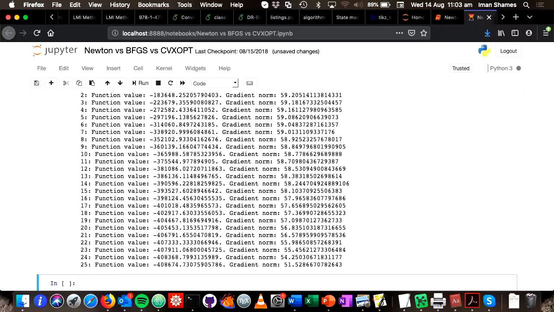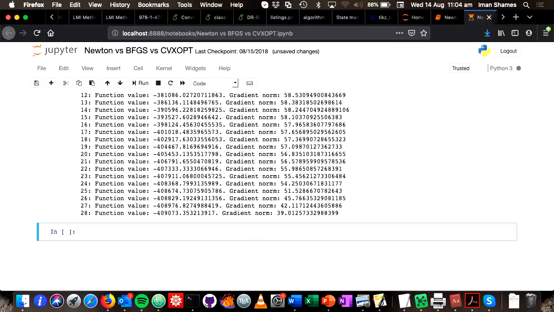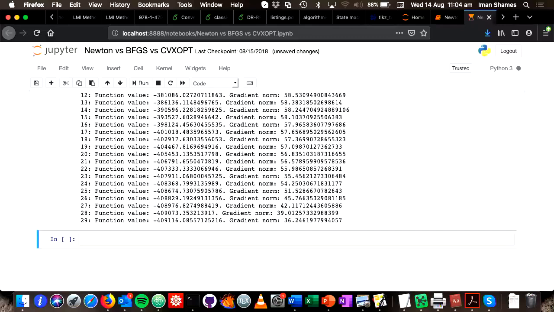But we haven't hit the quadratic convergence region yet. We are just meandering around, slowly getting to the solution. Now we probably will see bigger and bigger jumps. Still, we haven't hit the quadratic convergence domain.